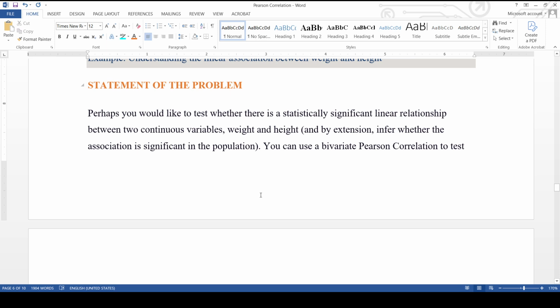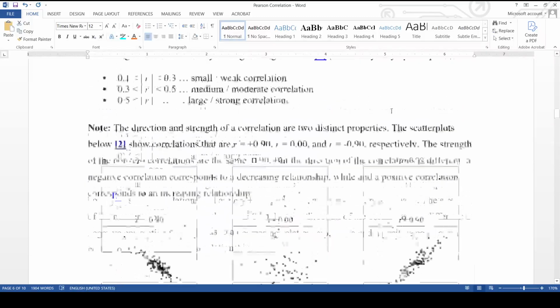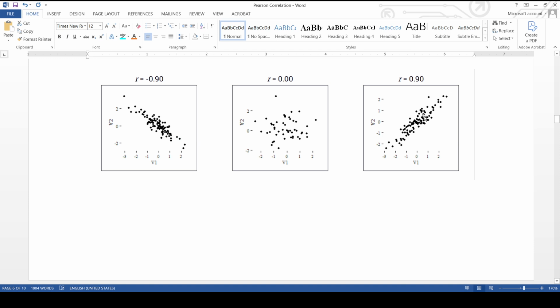Perhaps you would like to test whether there is a statistically significant linear relationship. We are looking for a linear relationship, which means a relationship that is a straight line, just like we had earlier. Look at 0.9.